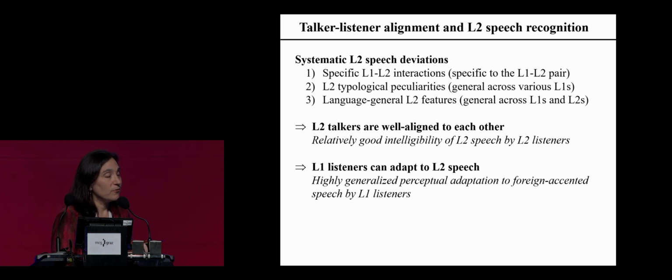And so we see surprisingly good intelligibility of L2 speech by L2 listeners. We also see that because of this systematicity, L1 listeners are able to perceptually adapt to L2 speech. And in fact, we see highly generalized perceptual adaptation to foreign accented speech by L1 listeners.